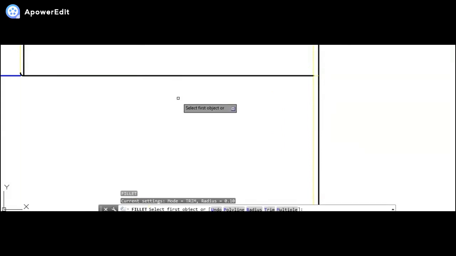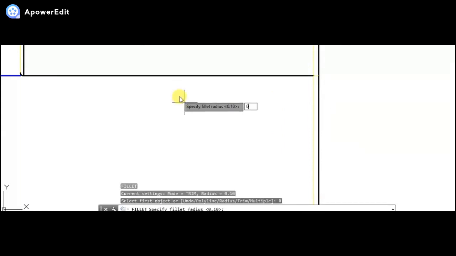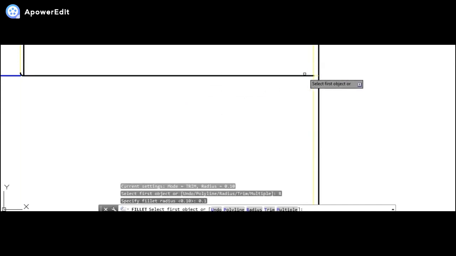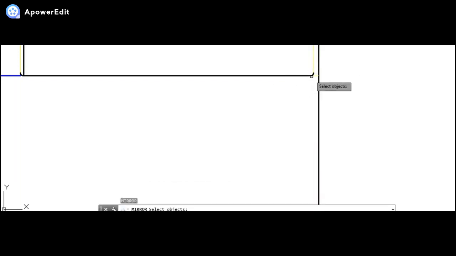This is the edge that we are selecting, and the second edge is this. Now I can draw it on the other side as well. This I'll be selecting.